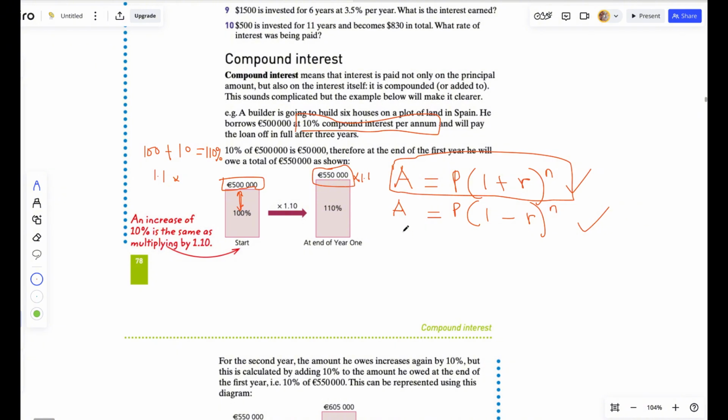I think it will be around $605,000, just after 2 years. You borrow $500,000, your debt is now $605,000, so you pay an additional $105,000 just after 2 years. So it's dangerous to borrow money with compound interest.